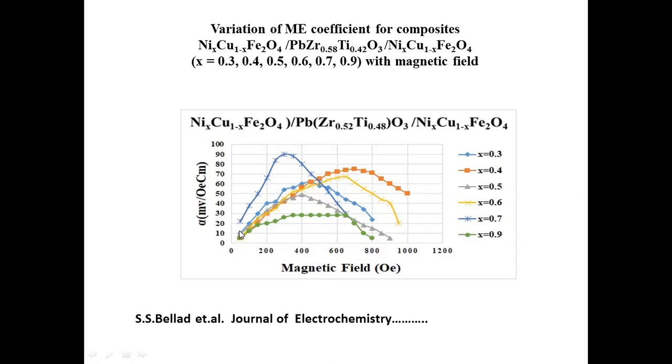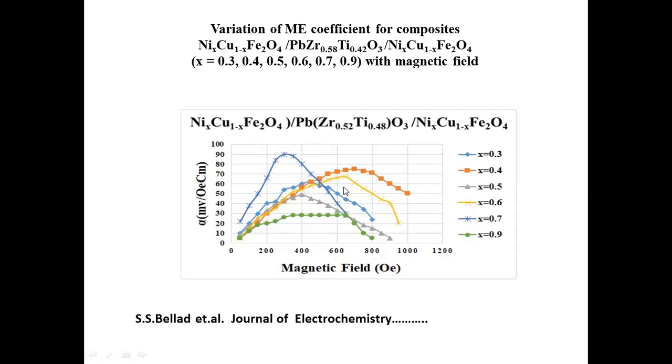Because here what happens, as the magnetic field is increased, what happens inside the sample? Because of the magnetostriction, more and more stress is created on the ferroelectric substance. So that ferroelectric substance accordingly develops the ME voltage. Because of that reason, stress is increased up to this level, and because of that reason, the voltage developed across the sample is also increased here.